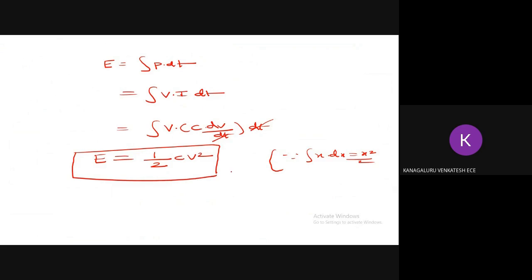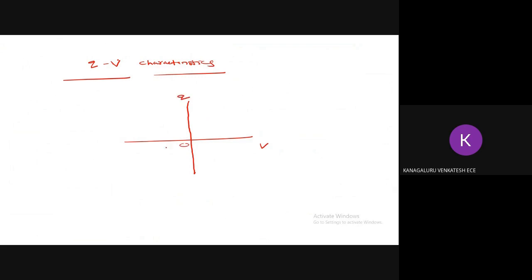Now we'll see the charge versus voltage characteristics of the capacitor. How does it vary? We call it the QV characteristics. On the x-axis, I'm taking voltage, and on the y-axis, charge.